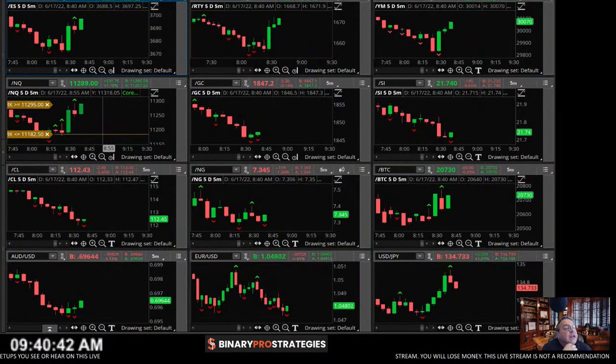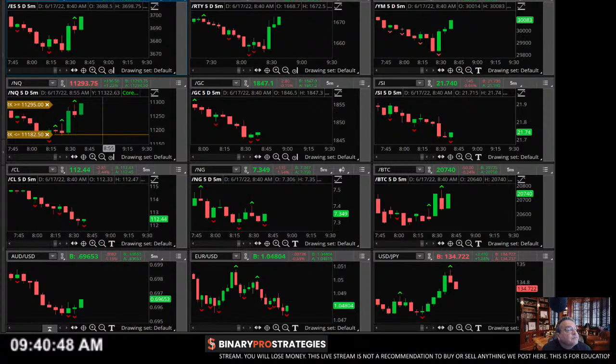Okay, mini Dow just went into a buy as well. Mini Dow went into a buy. ES went into a buy. So let's get target first on ES.